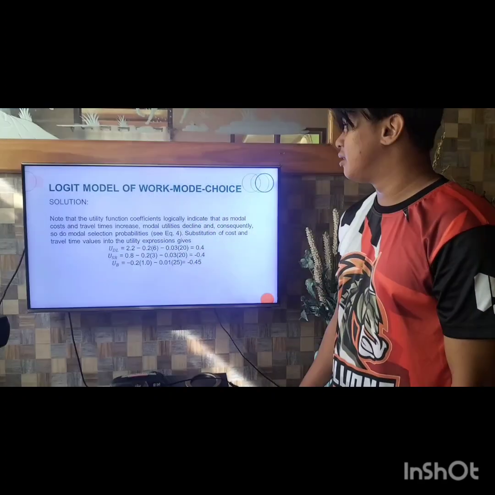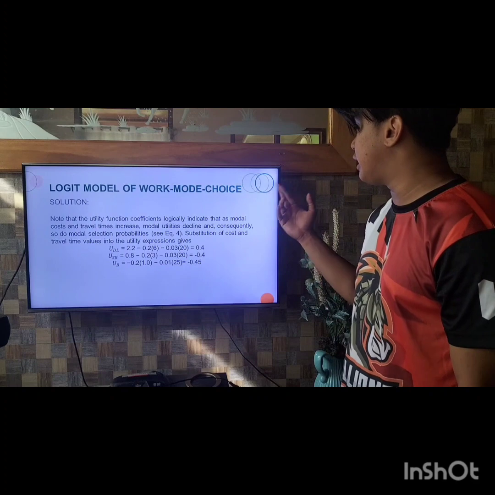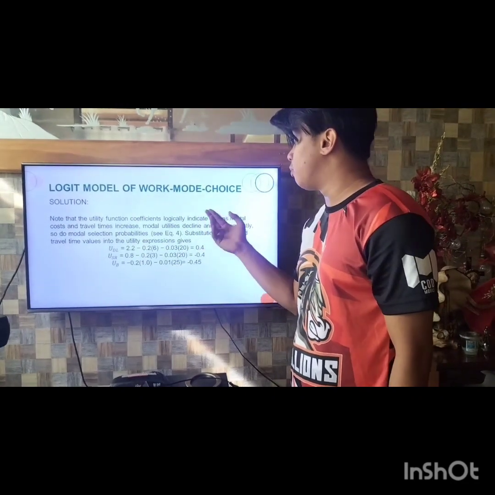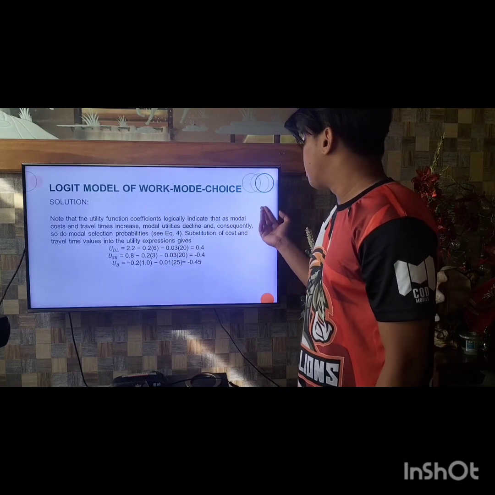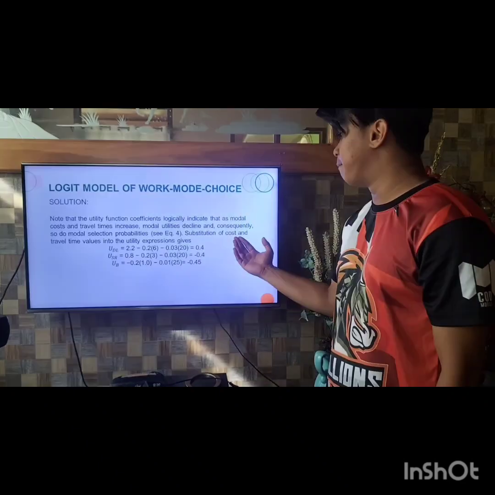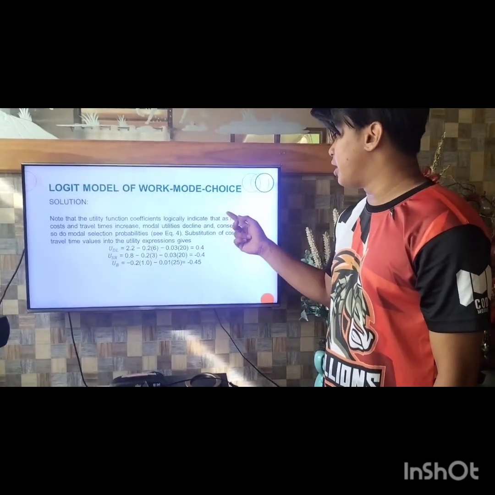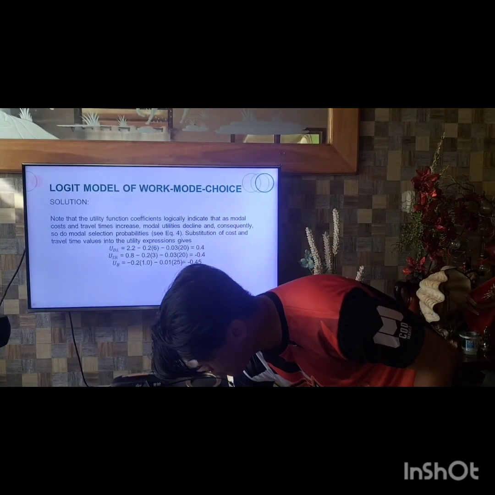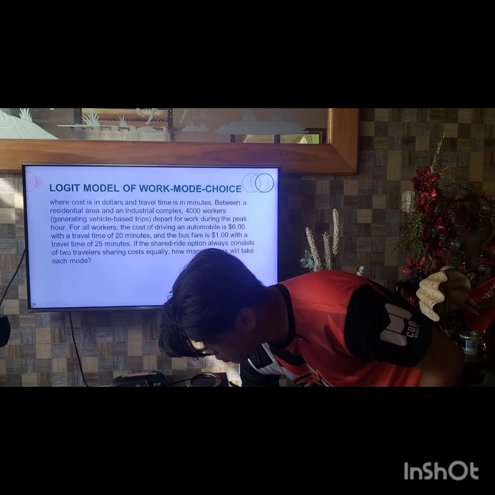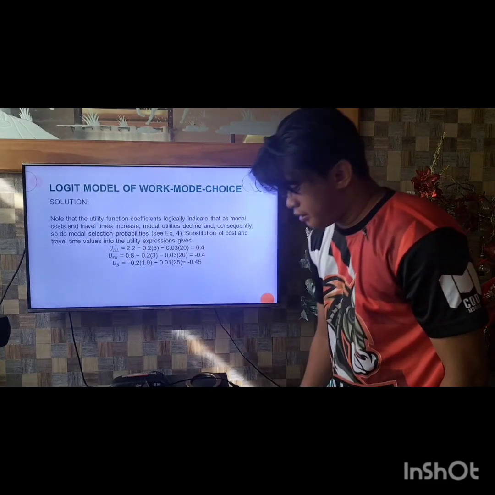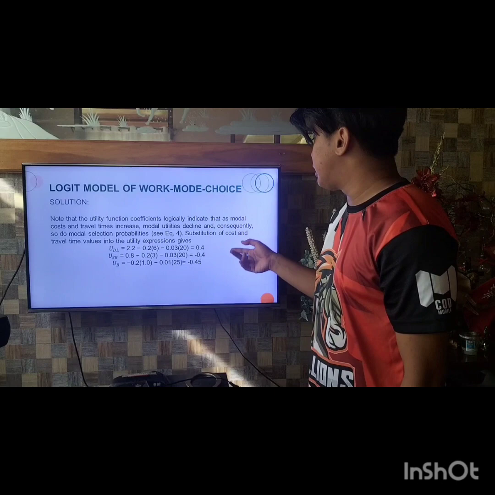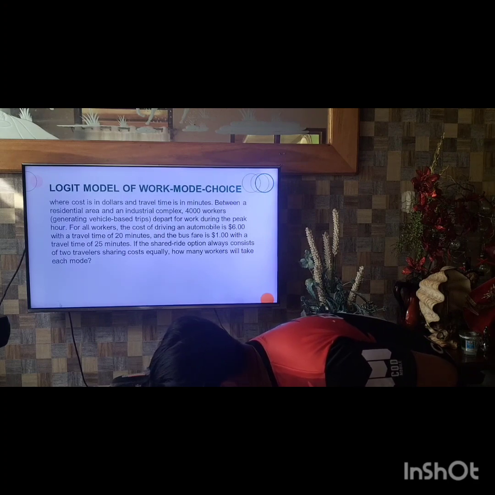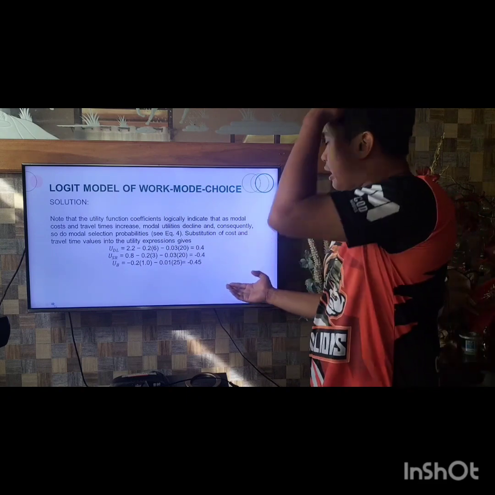For the solution, note that the utility function coefficients logically indicate that as modal cost and travel time increase, modal utilities decline, and consequently so do modal probabilities. Substituting the cost and travel time values in this example, U sub DA is equal to 2.2 minus 0.2 times 6, which is the dollars for the automobile, minus 0.03 times 20, which is the travel time, so equal to 0.4.